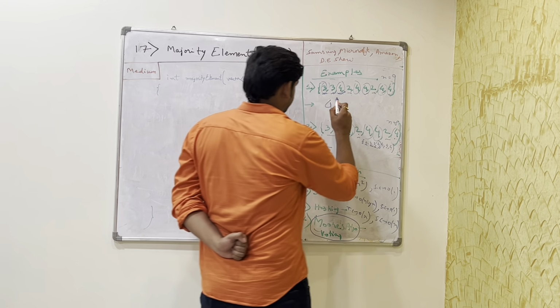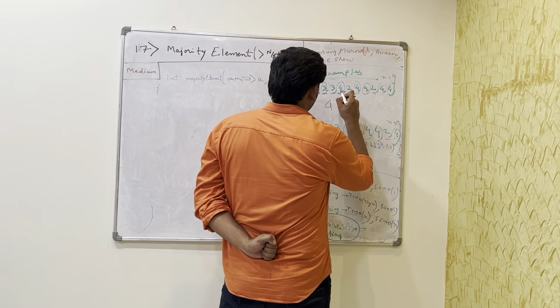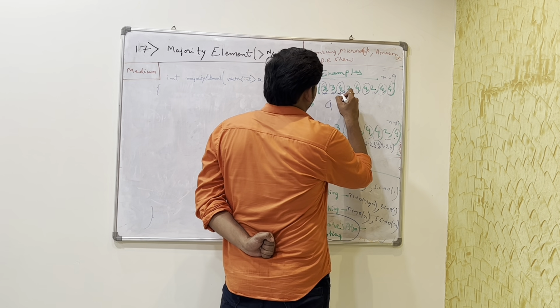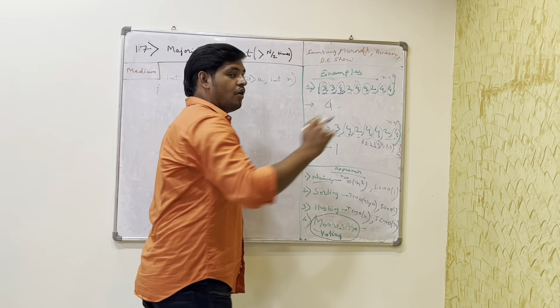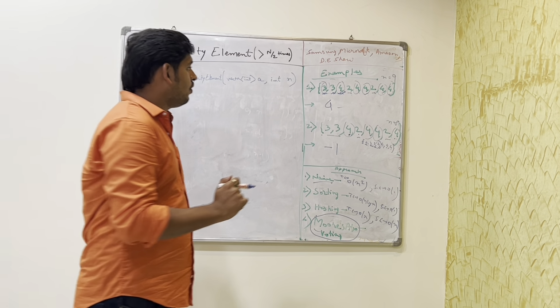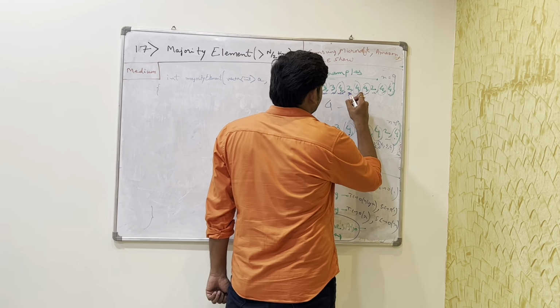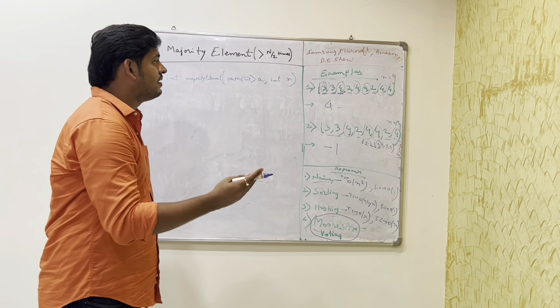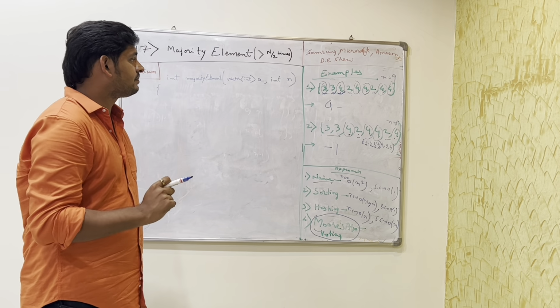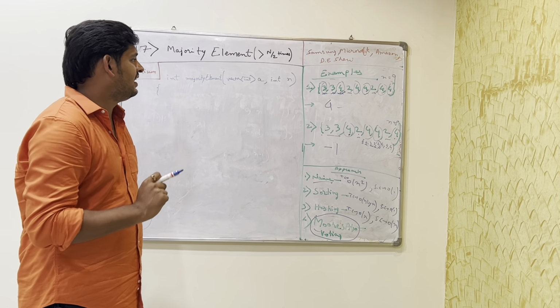But here the element that has come is different, and one element has increased which is not 3. So if I go over here again and it is not 3, then at that point of time 3 won't be our majority element.